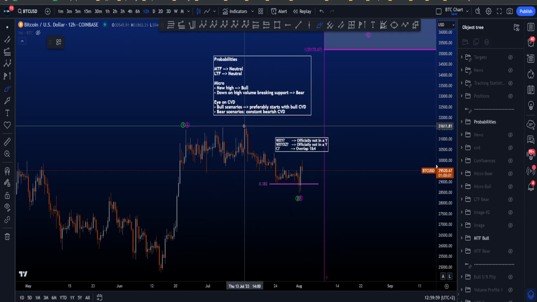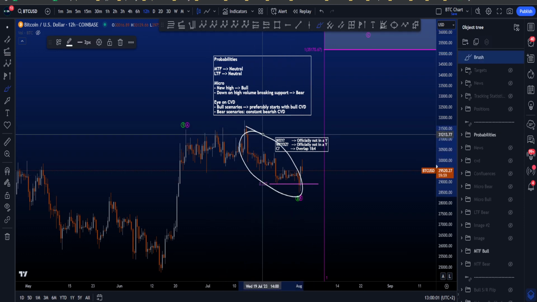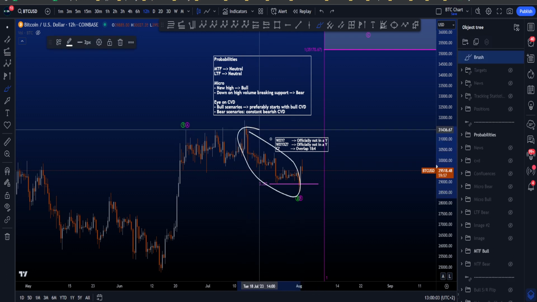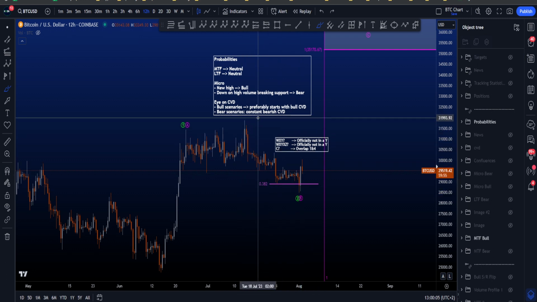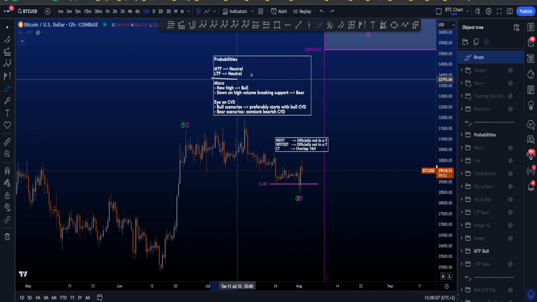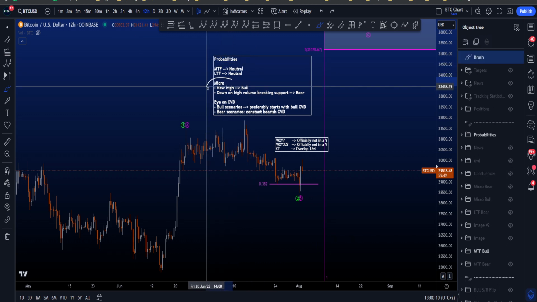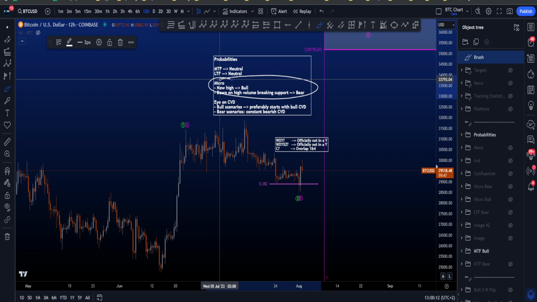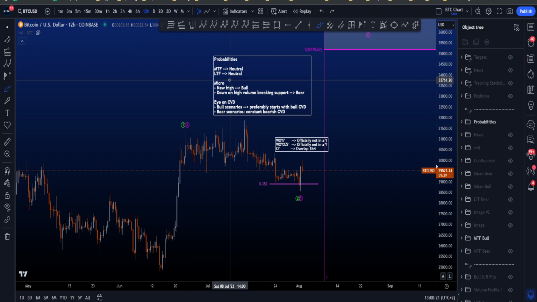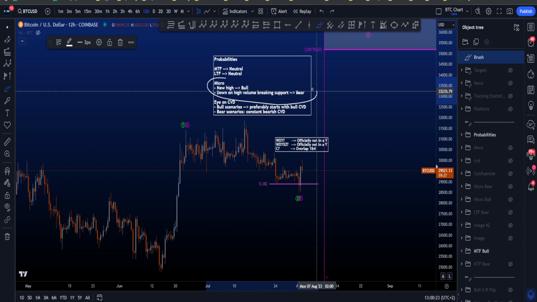Now, I explained it's not very nice counting over here to count this as a finished structure, but nonetheless, for me, what is way more important at the moment than the medium time frame and also that one low time frame scenario I've shown you is the micro, because for me the micro right now is going to decide the direction, simple as that. So I don't really care too much about what's preferred or higher probabilities or lower on medium time frame and low time frame. More important is the micro.